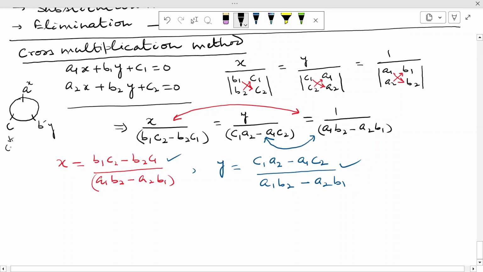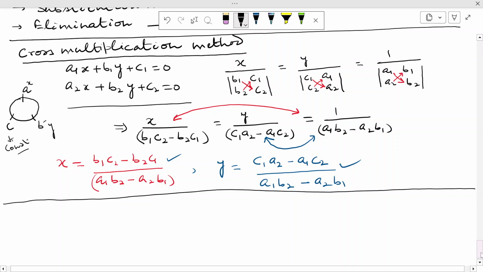So when you are considering x, you will have to leave A, means A1 and A2. आप B1 B2 पहले लिखोगे और उसके बाद आप क्लॉकवाइज मूव करते हो तो C आता है तो C1 C2 लिखेंगे. फिर जब आप y पर आ जाते हो तो you must leave B, उसके बाद C1 C2 आता है और उसके बाद A1 A2. और इसी तरीके से जब आप constant term पर आते हो तो फिर पहले A1 A2 उसके बाद B1 B2. So this is how we can apply this method.